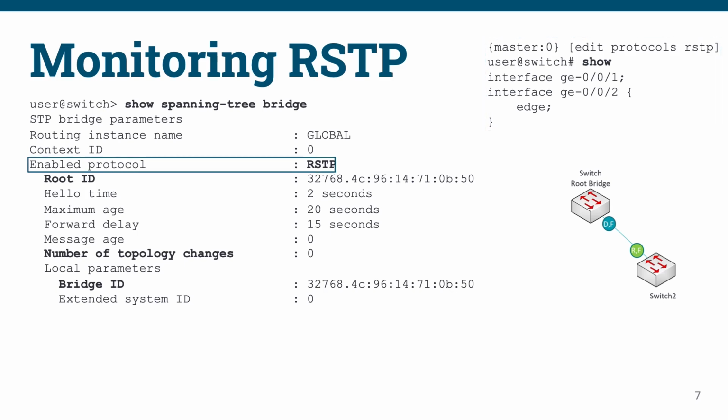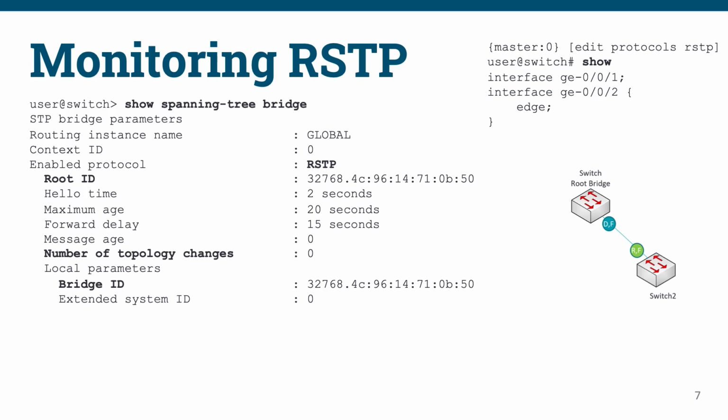As such, the enabled protocol field here shows RSTP, as is the default protocol version for modern Junos devices. Otherwise, this output is identical to what is seen when running STP.